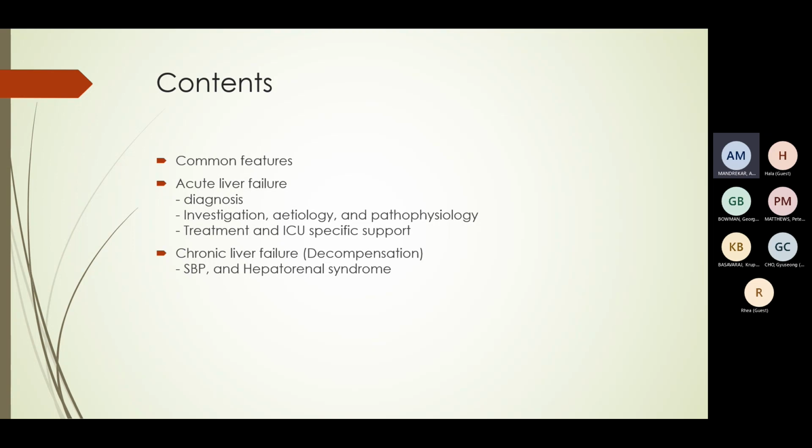So we'll start with just a little bit about the common features for both of them, which is literally a slide, very quick, and then we'll talk about acute liver failure, its diagnosis, etiology, investigation, particularly of encephalopathy, the coagulopathy, and then treatment specifically for an ITU A to I approach about what we're looking for and what sort of treatment we'll be offering, and then we'll talk about chronic liver failure.